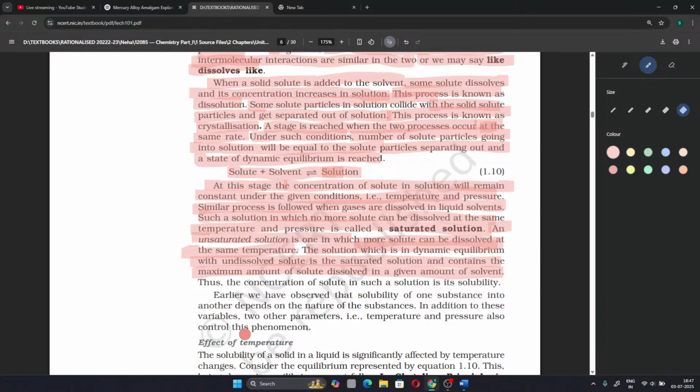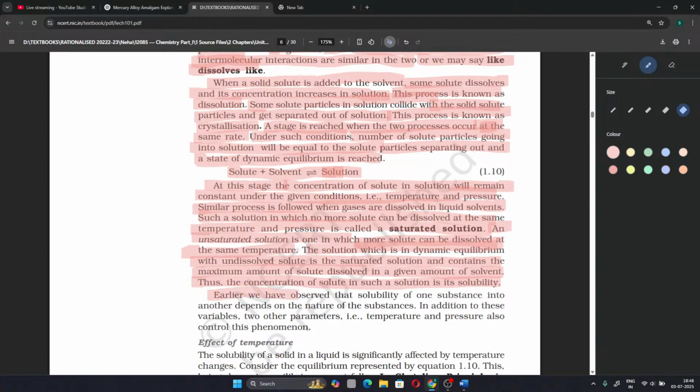This is the dynamic equilibrium state with undissolved solute, the saturated solution, which contains the maximum amount of solute in a given amount of solvent. Thus, the concentration of a solute in such a solution is its solubility. This is the property of the solute.